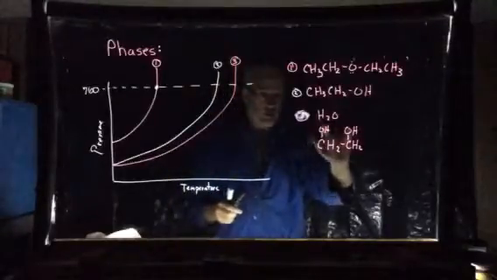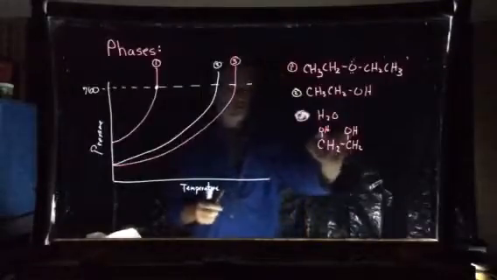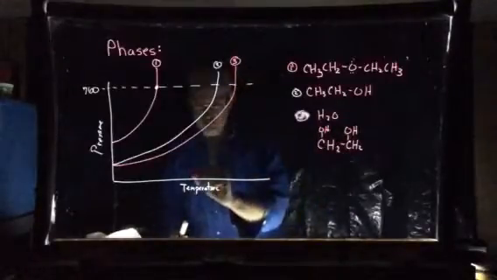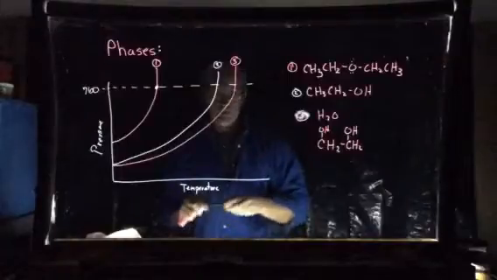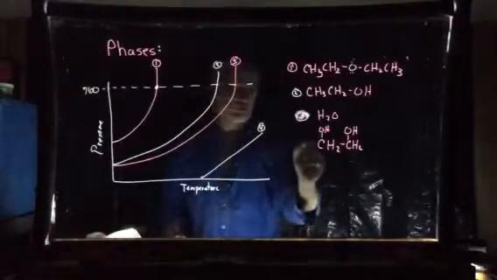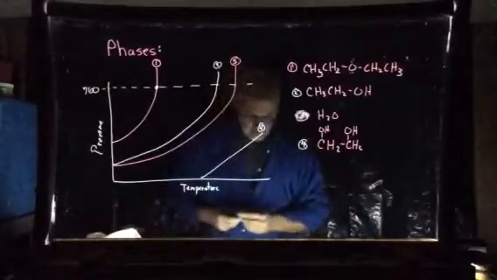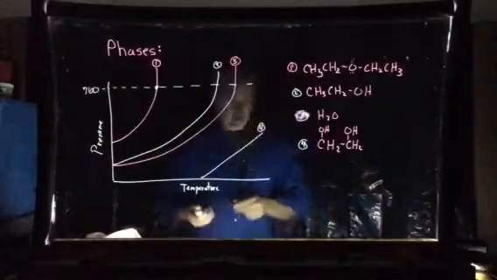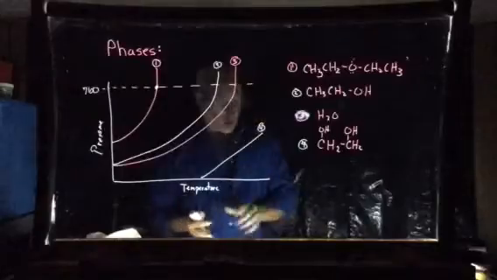If we got ethylene glycol, it's a small molecule. There's 2 OHs. Let's use white. The boiling point is going to look something like this according to the books. And this can all be explained.